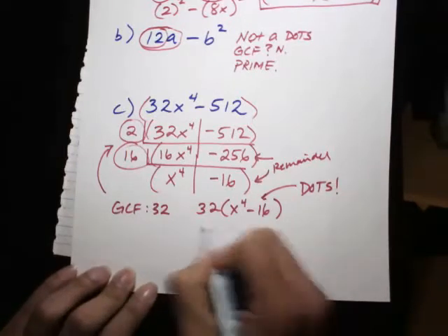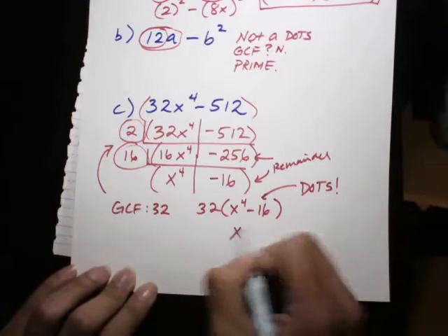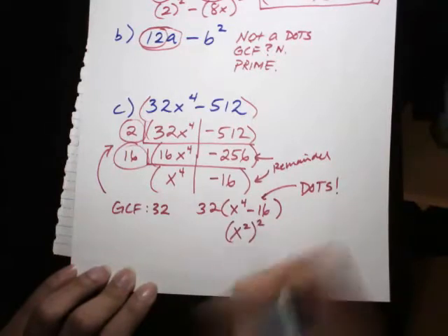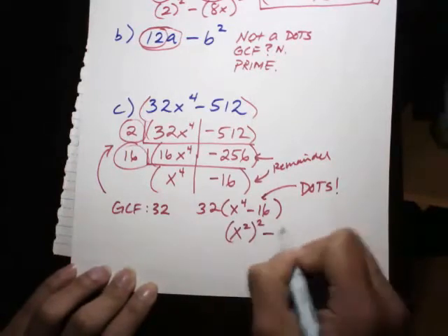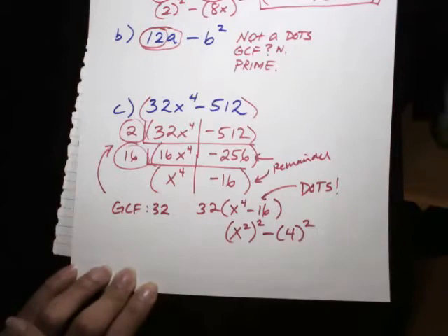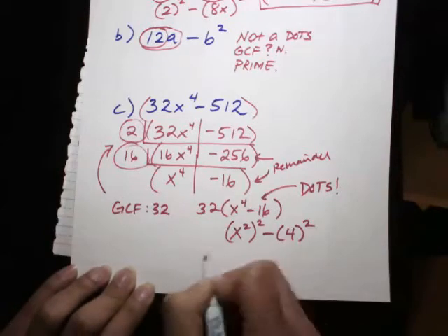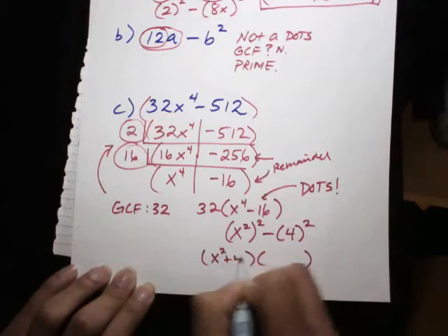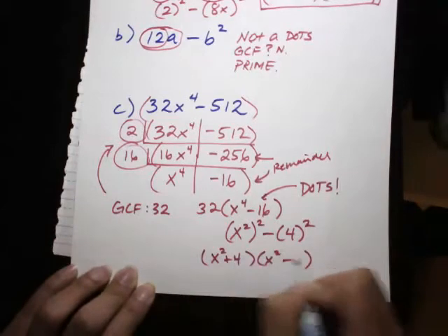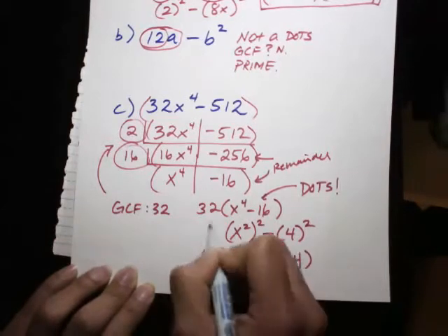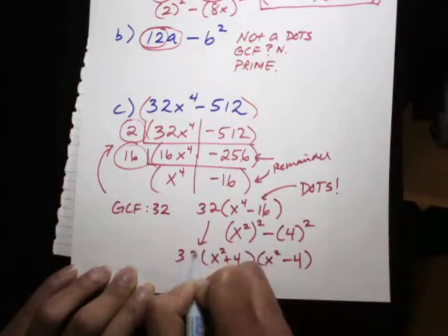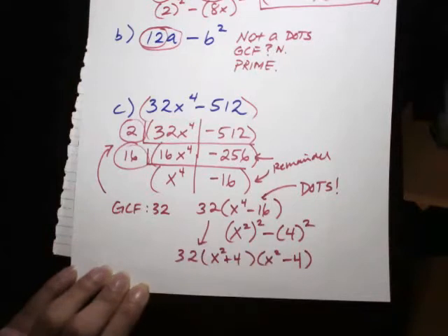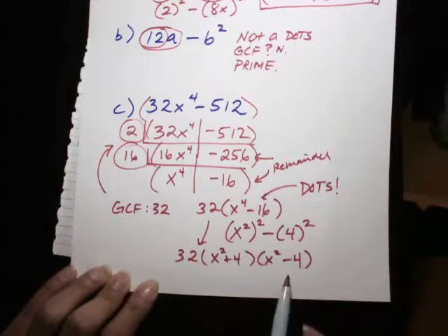I know that x squared squared gives x to the 4th, and 4 squared gives me 16, so I can break this out to x squared plus 4 and x squared minus 4. And remember to bring down the 32.